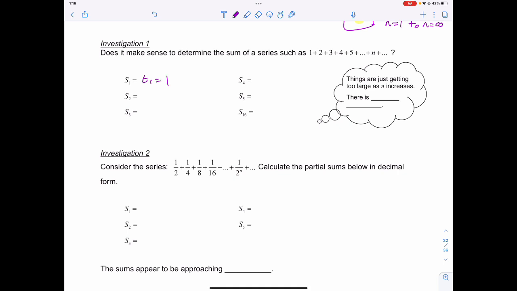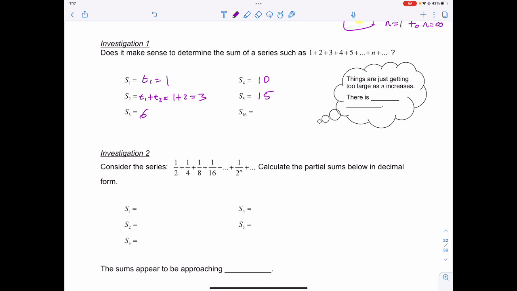The sum of the first two terms is term 1 combined with term 2, or 1 plus 2, which is going to equal 3. The sum of the first three terms is 1 plus 2 plus 3, which is 6. First 4 is going to be 1 plus 2 plus 3 plus 4, which is going to be 10. 1 plus 2 plus 3 plus 4 plus 5 is going to give me 15.